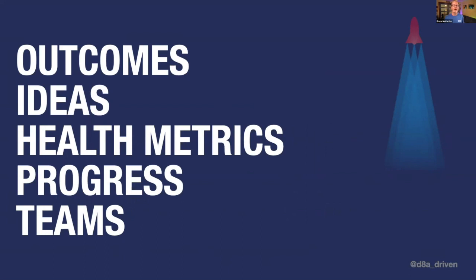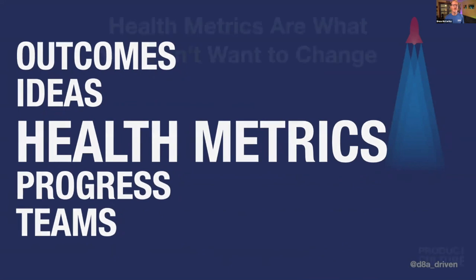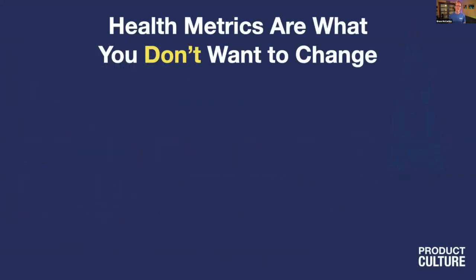Health metrics are unlike OKRs. OKRs are about the most important things that you want to change, the numbers you want to raise or lower, right? Well, health metrics are actually the things that you don't want to change.